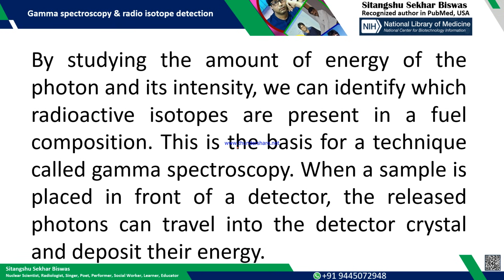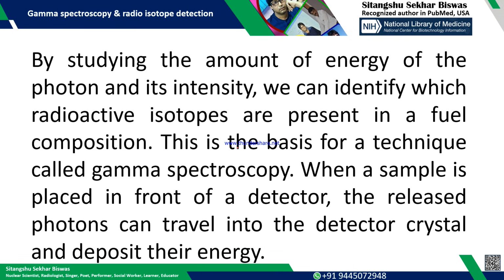So how does it work? When a sample is placed in front of a nuclear detector, this sample will release photons, and they will travel inside the detector crystal, and after going there, that energy will be released in that detector crystal.